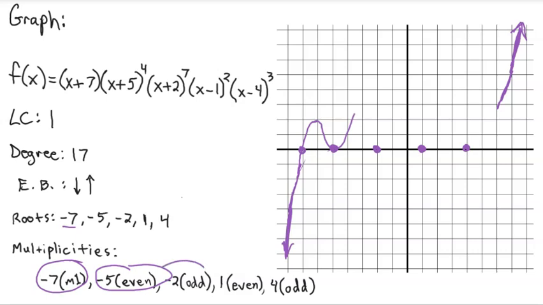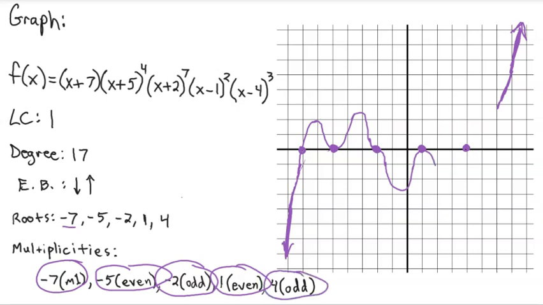Then it's going to turn back around and go to the negative 2. This one has an odd multiplicity that's not 1, so it's going to do this flattening out thing and then turn down. Then it's going to turn around and come back to 1. 1 has an even multiplicity, so it's going to touch and turn away.